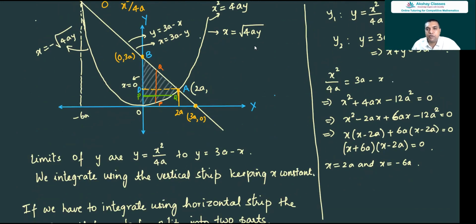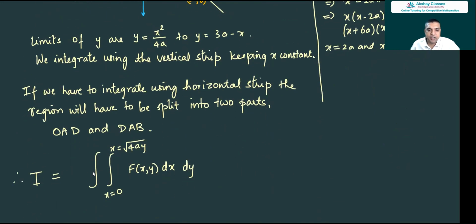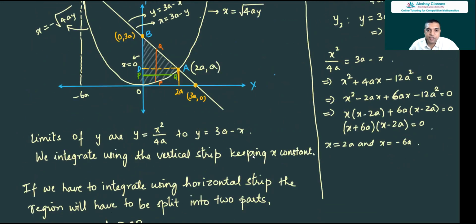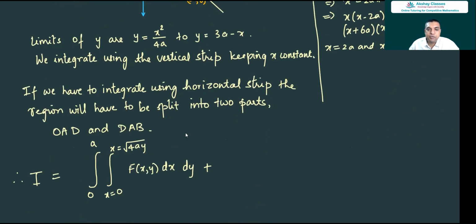Now, integrating with respect to y, y varies from 0 to this point. The point of intersection is x equal to 2a. When x is equal to 2a, y is equal to 4a square by 4a, which is a. So (2a, a) is the point of intersection. So the y value will change from 0 to a. This is the first portion, OAD. Next, DAB is this triangular portion.